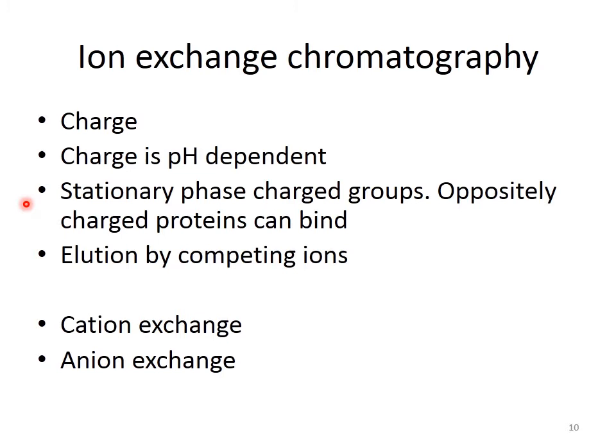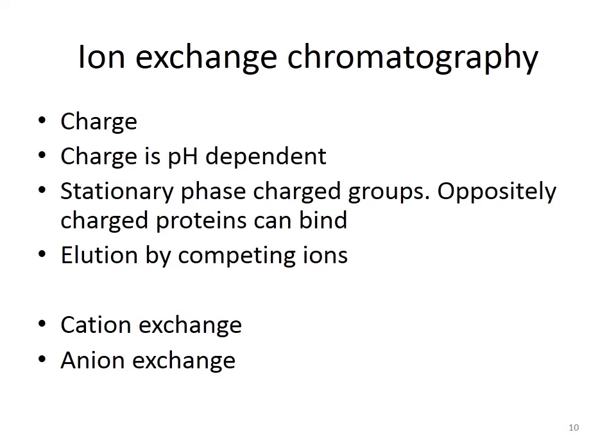So the chloride ions, when their concentration increases, are going to displace the proteins which are bound to the stationary phase. There are two types of ion exchange chromatography: cation exchange chromatography and anion exchange chromatography.